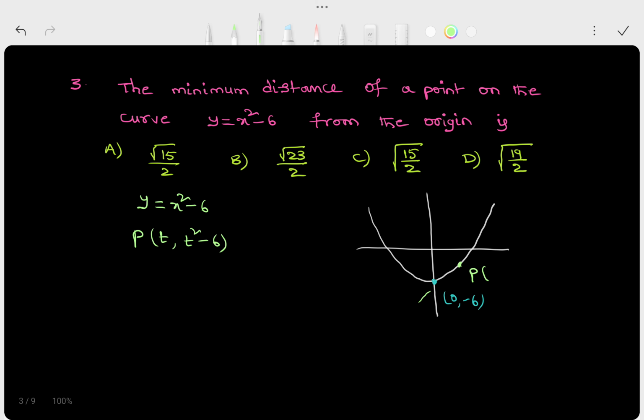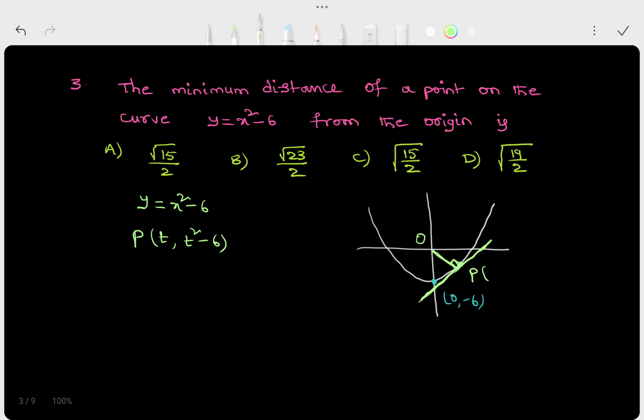Now you draw the tangent at this point P. After that, this is the origin. So you have to find the perpendicular distance from the origin to this tangent. This is nothing but the minimum distance of a point on the curve from the origin.